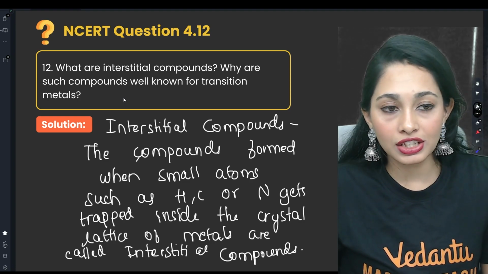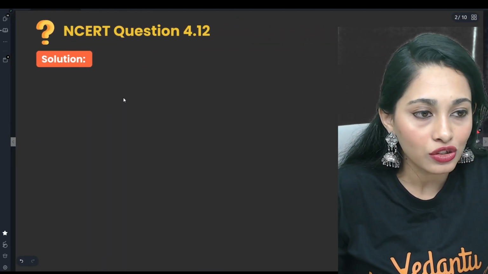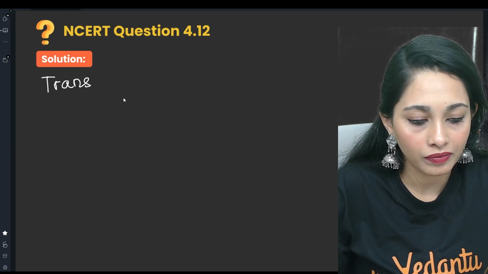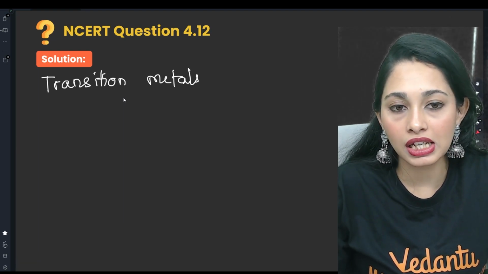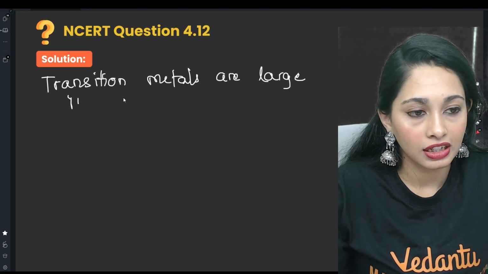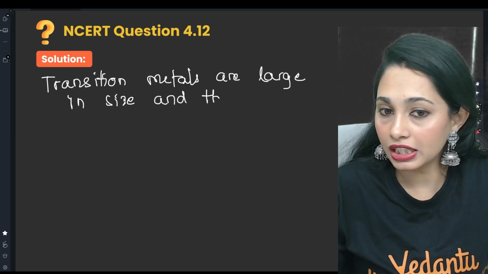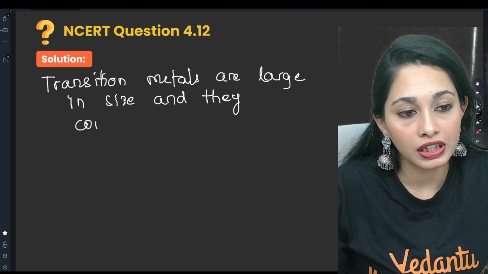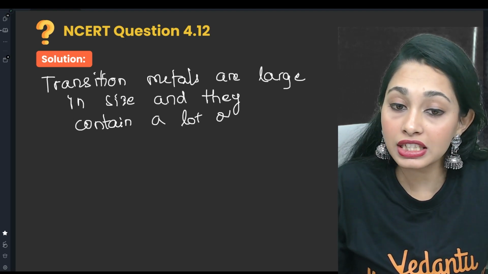So why are such compounds, interstitial compounds, well known for transition metals? Transition metals are large in size and they contain a lot of interstitial sites.